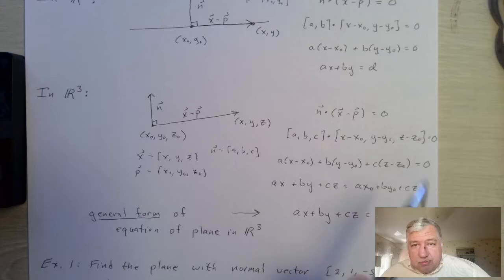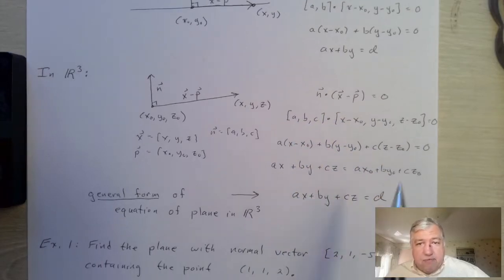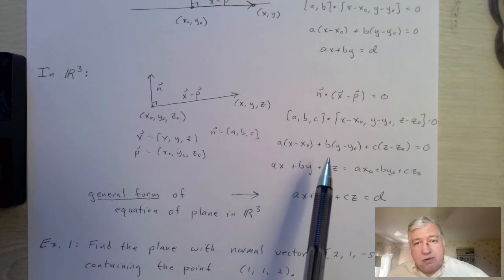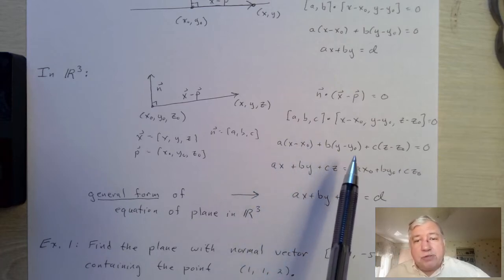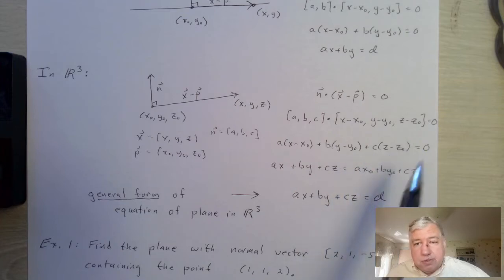And we can still write down this equation. It makes sense. And then if we take the dot product, we get a times x minus x0 plus b times y minus y0 plus c times z minus z0 equals 0.